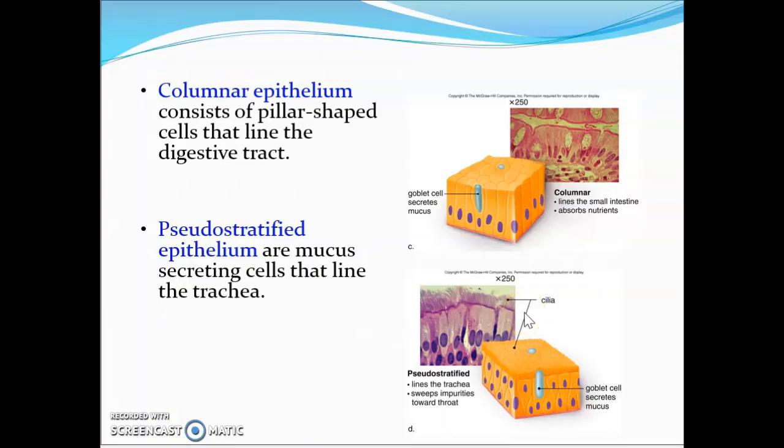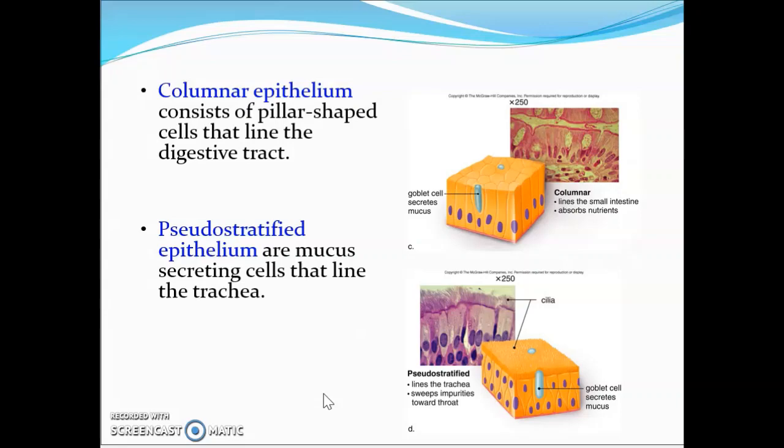The third type of cells, which have a pillar-shaped structure, is called the columnar epithelium. These cells can be found in the inner lining of the digestive tract as well as the small intestine. And for pseudo-stratified epithelium, the cell shape is irregular, and these cells can be found in the lining of the trachea.